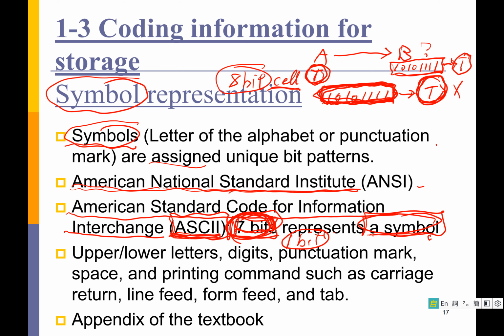For example, small b: the bit pattern translated into a base 10 system is 98. Or take another example, capital P: translated into a decimal system is 80, not 90, it is 80.